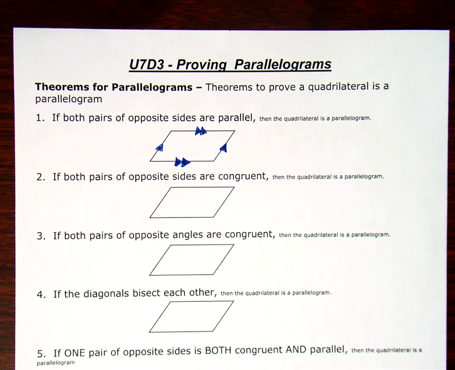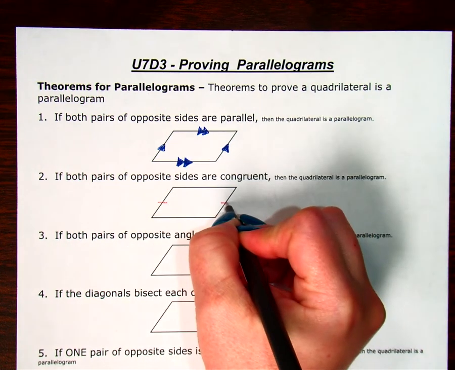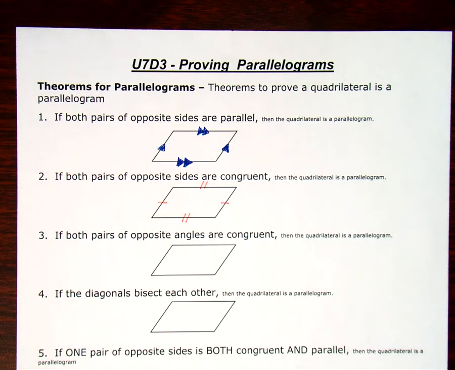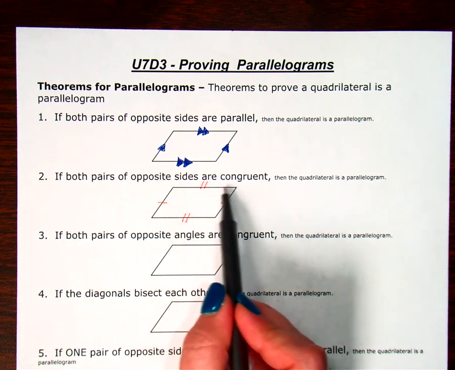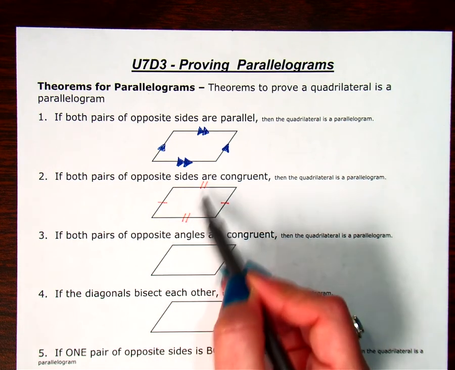And again, there are several ways you could know that. It could be marked in your picture with tick marks. It could be given to you when you read the prompt that goes with the question. Or on a graph, you could use the distance formula to find this length and this length to know that those are the same.